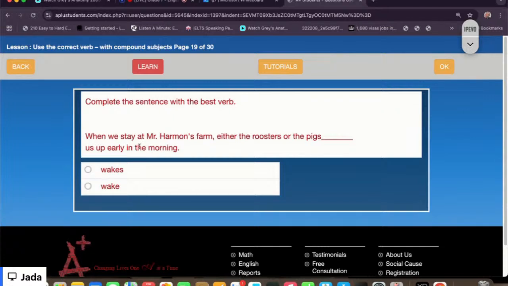Okay, so we have when we stay at Mr. Hammond's farm, either the roosters or the pigs dash us up early in the morning.